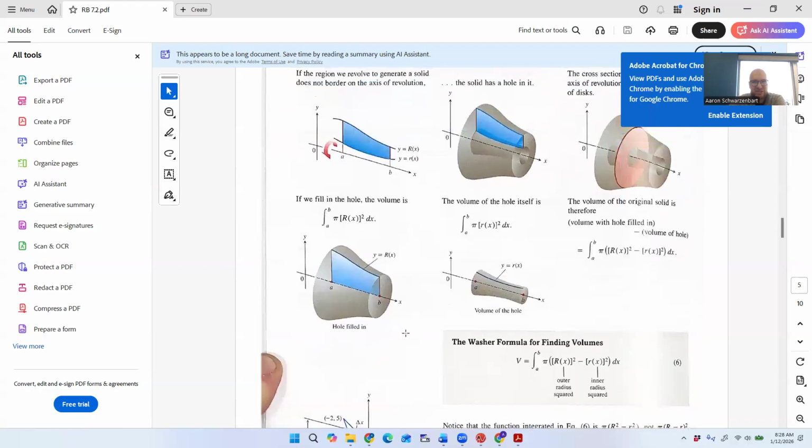A washer essentially means you have this little cutout area. So it's like I have an upper and a lower, and my slice is here. Does that kind of make sense? So I got this hole in the middle of my thing.